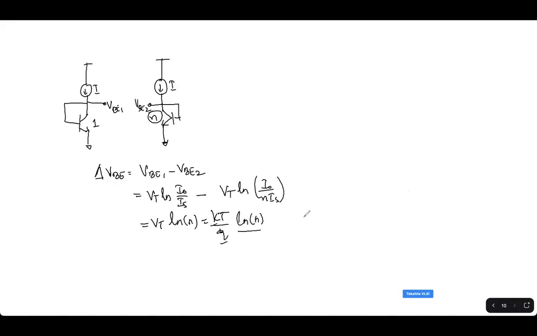What is remaining? It's only T, meaning del VBE is proportional to T. So the difference in the VBE voltage between two BJTs is proportional to the temperature, and hence the difference voltage is a PTAT voltage.